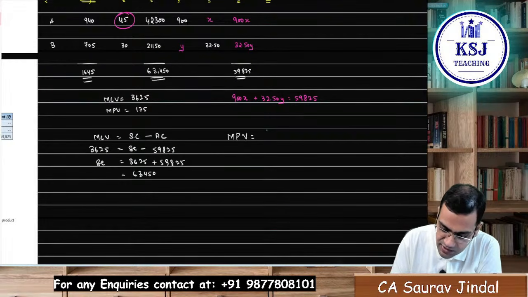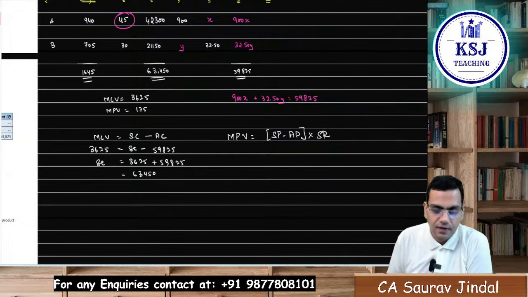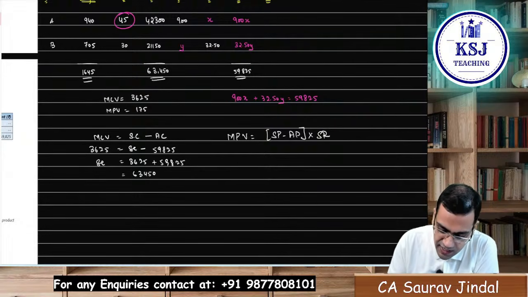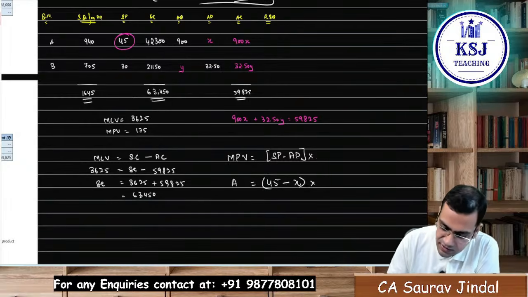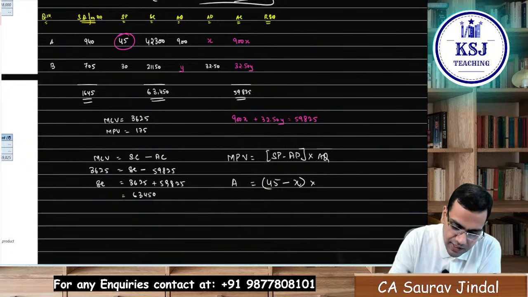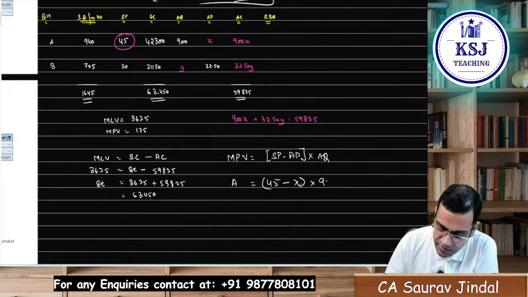Material price variance is standard price minus actual price into actual quantity. For A, the standard price is 45 minus X, into the actual quantity, which is 900.